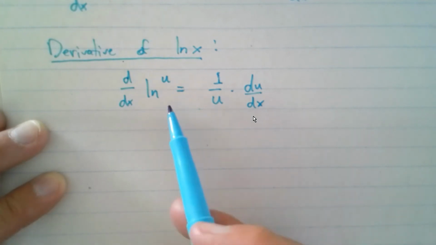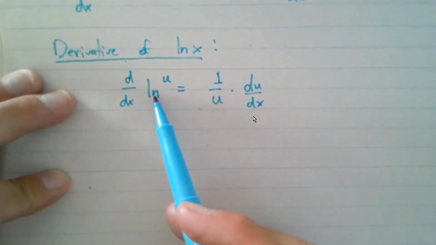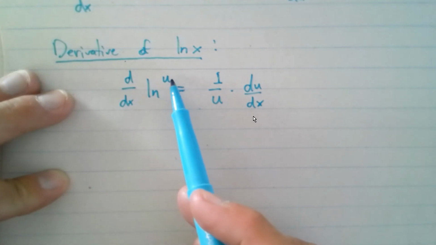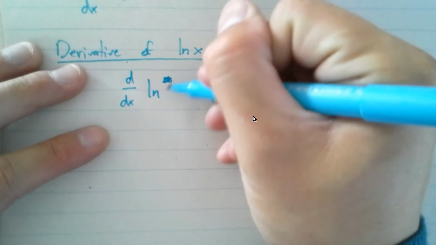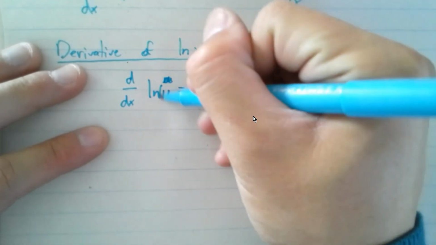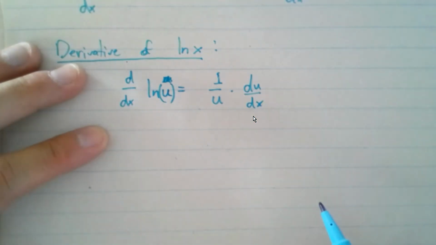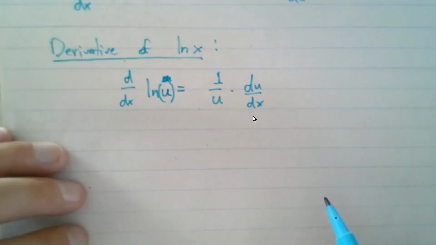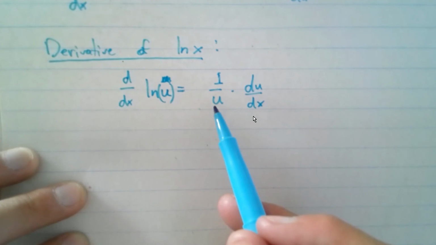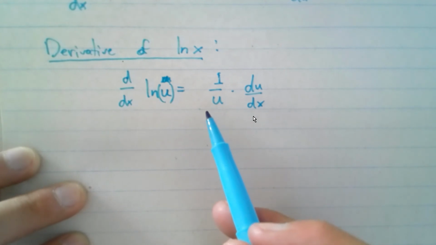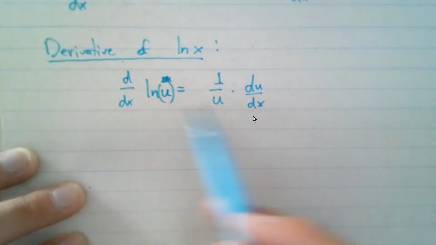But you can mathematically prove that the natural log of u. Oh, whoops. I wrote that wrong. That shouldn't be an exponent. That's just ln of u. Like you're taking the natural log of u. I'm sorry, a base u, not exponent u. These things are not random, and they were not just arbitrarily made up. They're proven mathematically. There are videos where you can find proofs for these things as well.